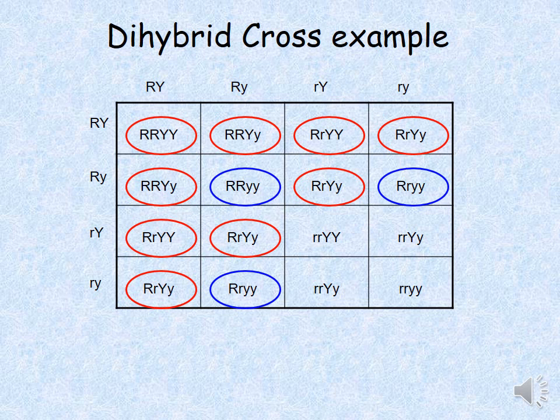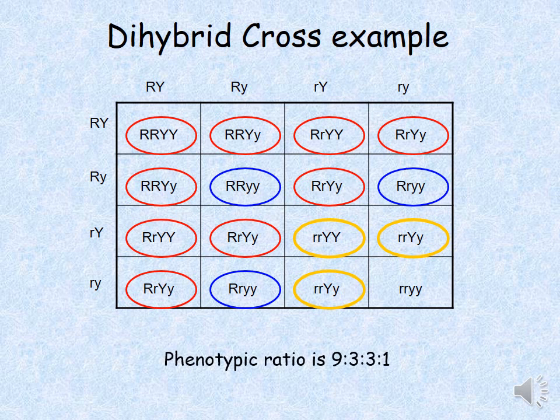When we look here, the phenotypes are round and green. When we look here, it is oval and yellow. And then this last one, which doesn't have a circle, is going to be oval and green. And so the phenotypic ratio is 9 to 3 to 3 to 1.